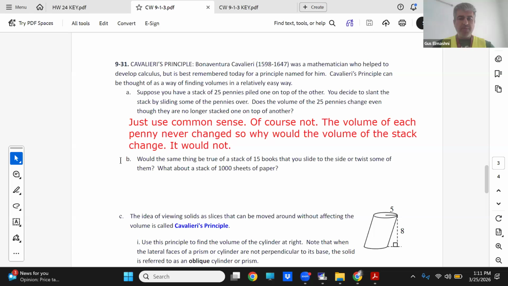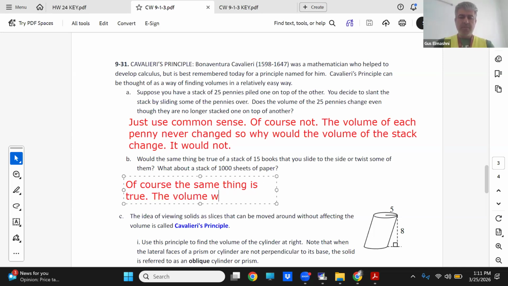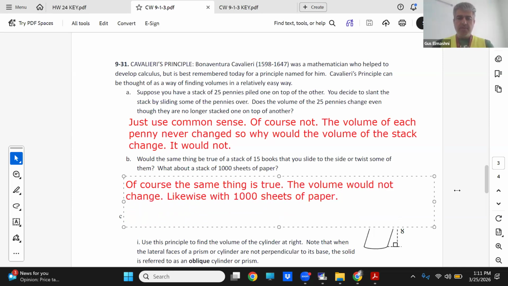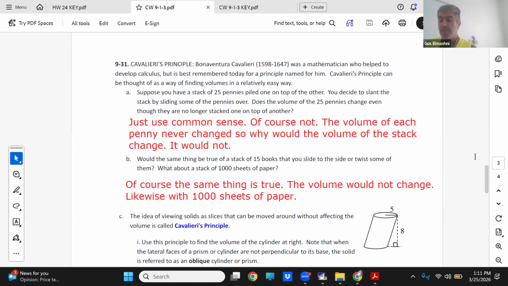So we'd say again, of course, the same thing is true. Again, we're just using common sense, right? So the volume will not change.